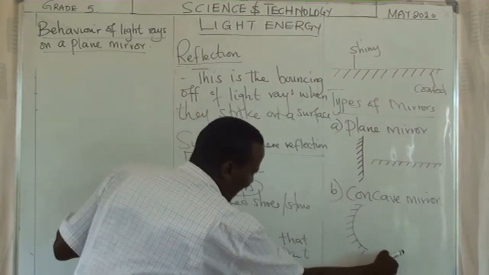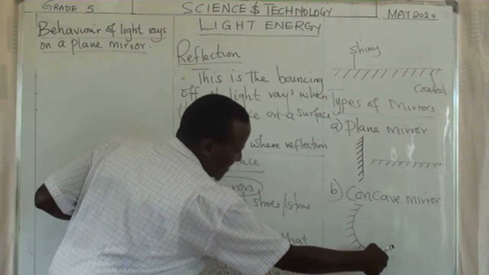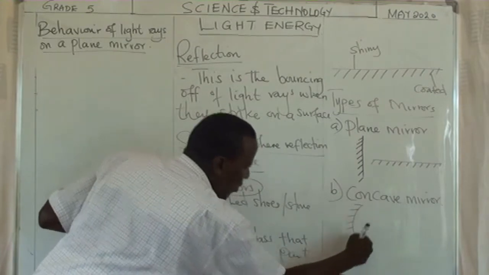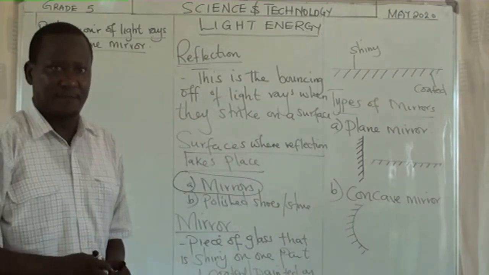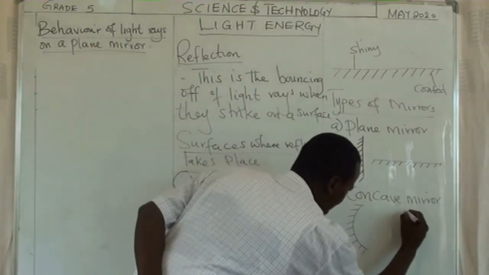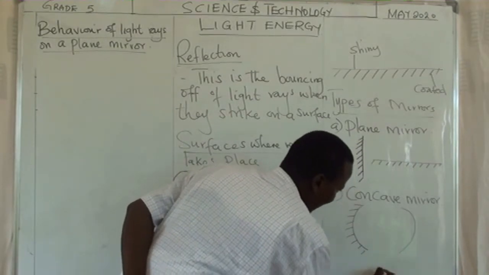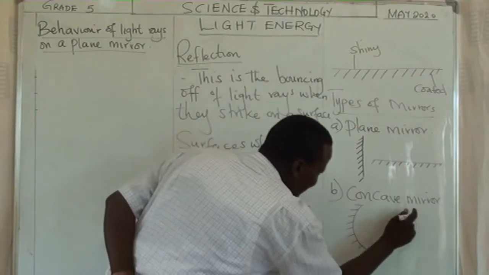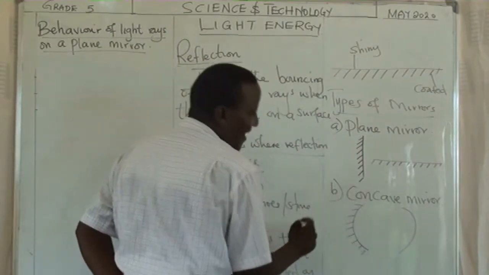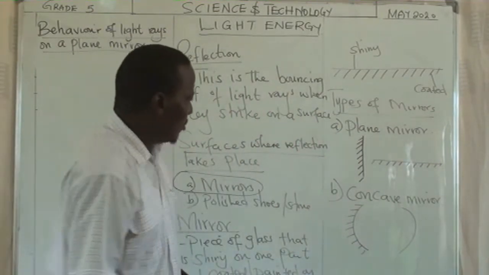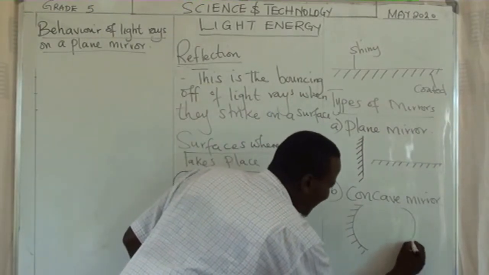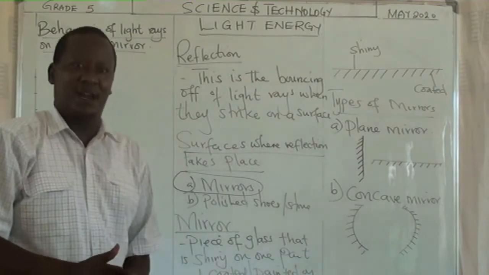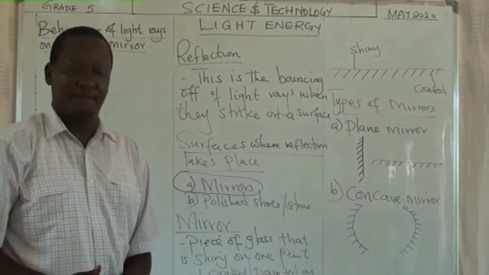The outer part that is bent outwards is the one that is coated, and the one that is shiny is the one that is bent inwards. You can have a diagram here also like this still, but which side am I going to put my lines? Is it here or here? We have said it's supposed to be bent outwards, so it means it is this side here. So still, that is also another diagram that refers to a concave mirror.